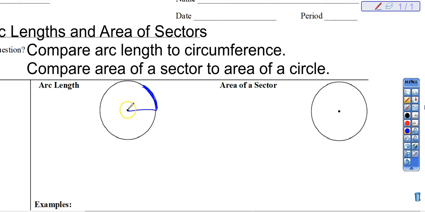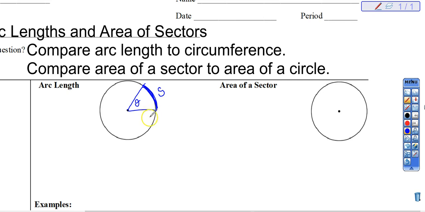And I'm going to draw a central angle, theta. Theta is subtended by the arc. Arc lengths are typically denoted by a lowercase s.